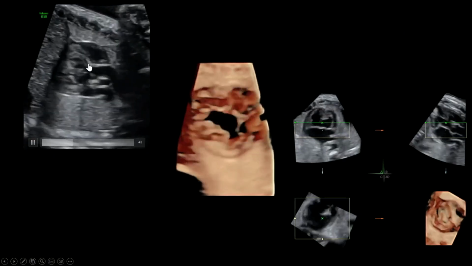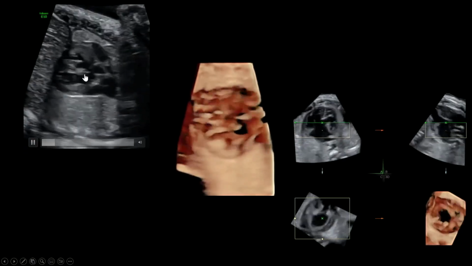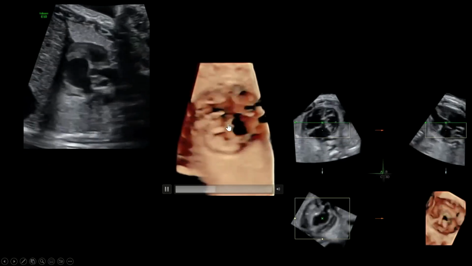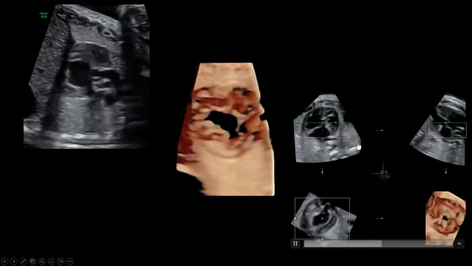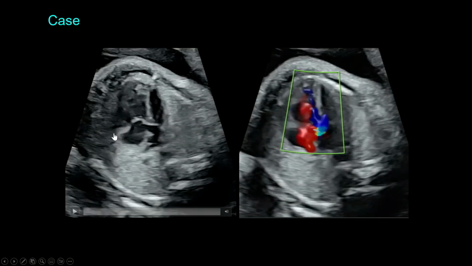And what you can use in this situation, when you have the en face view, is 3D reconstruction, and then you can actually get some nice images that tell you how the AV valve functions, if you have time. This is for me more a toy here, because obviously it looks quite nice and balanced.